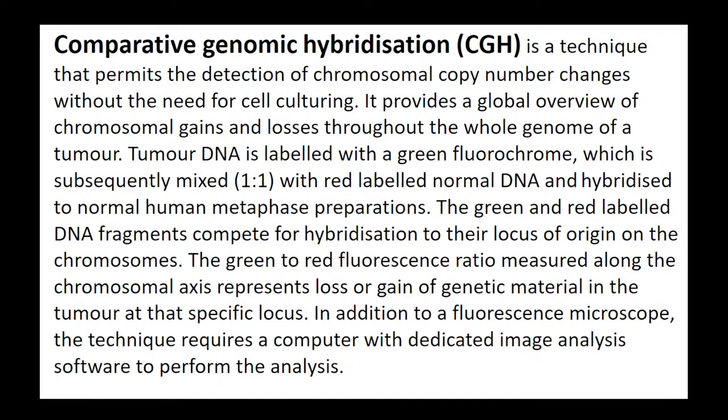The green and red labeled DNA fragments compete for hybridization to their locus of origin on the chromosomes. The green to red fluorescent ratio measured along the chromosomal axis represents loss or gain of genetic material in the tumor at the specific locus.